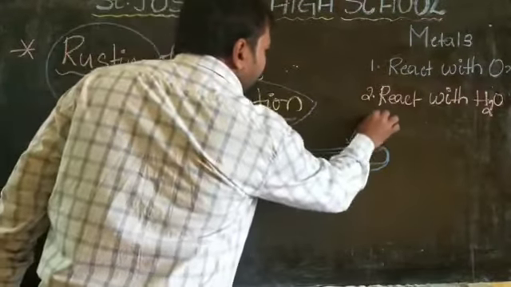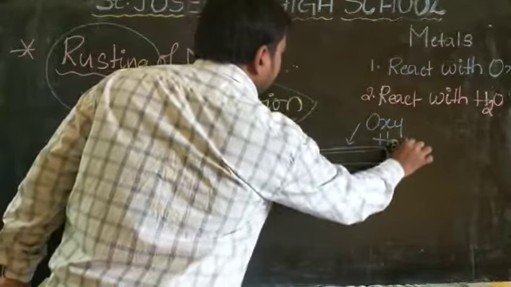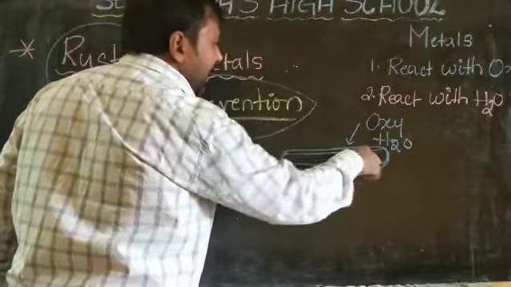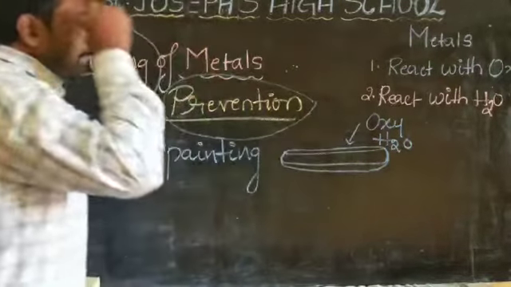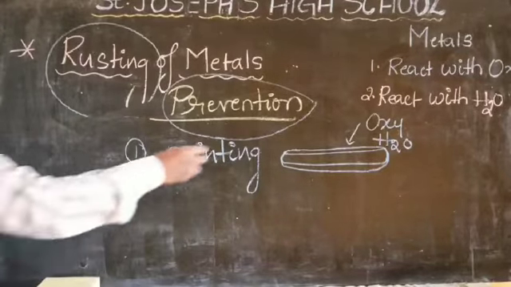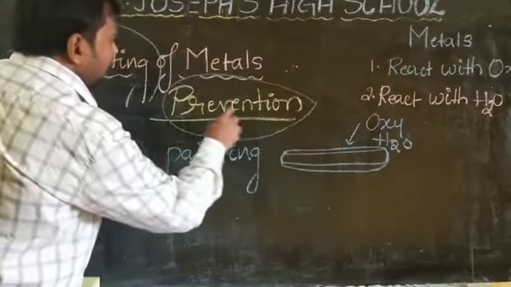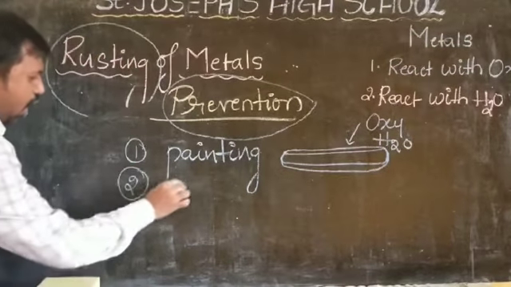That means the oxygen and water vapor available in the atmosphere cannot directly contact the metal. That's why the metal will not rust when you paint. So one method to prevent rusting is painting.